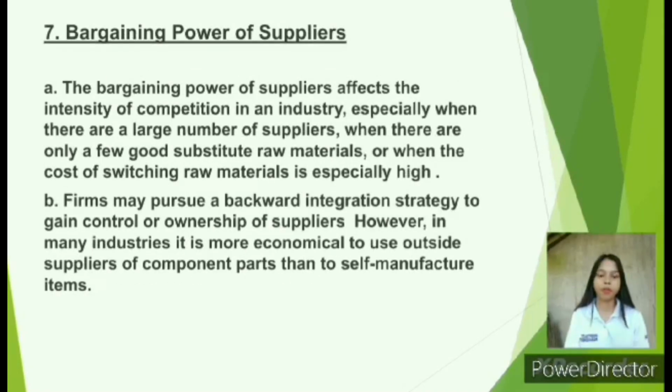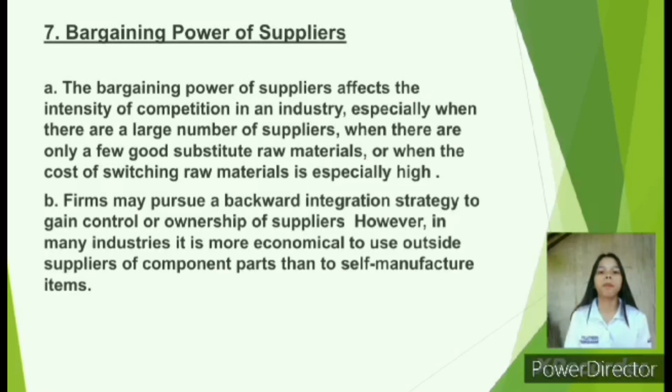So the availability of close substitute products can make an industry more competitive and decrease profit potential for the firms in the industry.